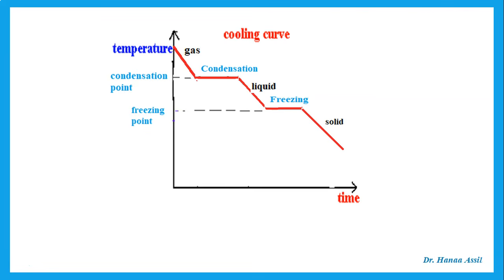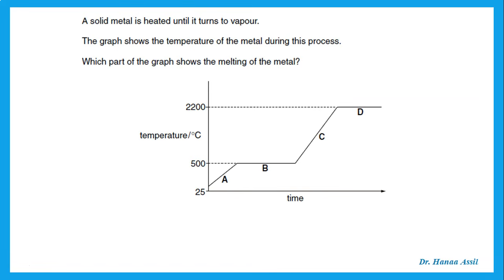Please remember, the condensation point is the same as the boiling point. The freezing point is the same as the melting point. So if a substance melts at a certain temperature, it will freeze at that same temperature.